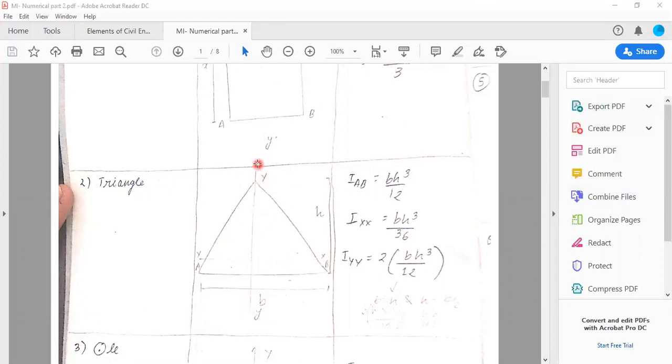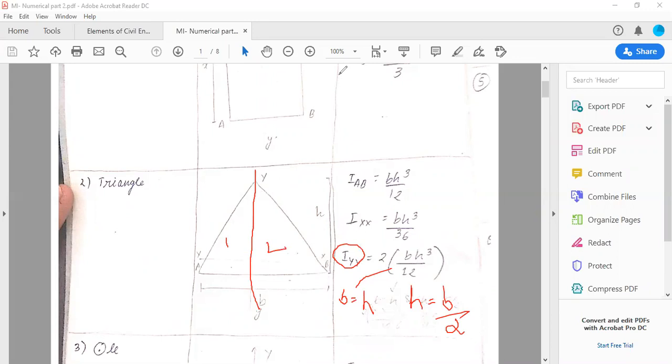So there are 2 triangles about their bases, that is 2 bh cubed by 12, wherein the base becomes equal to h and the height becomes equal to b by 2. So for Iyy, there are 2 triangles about the base. This is how it is going to go.